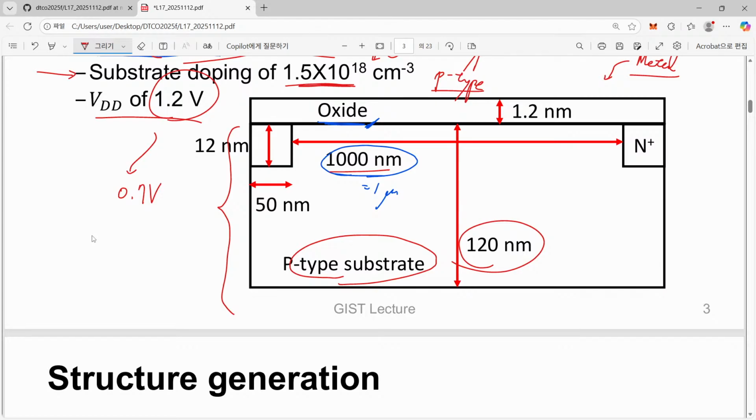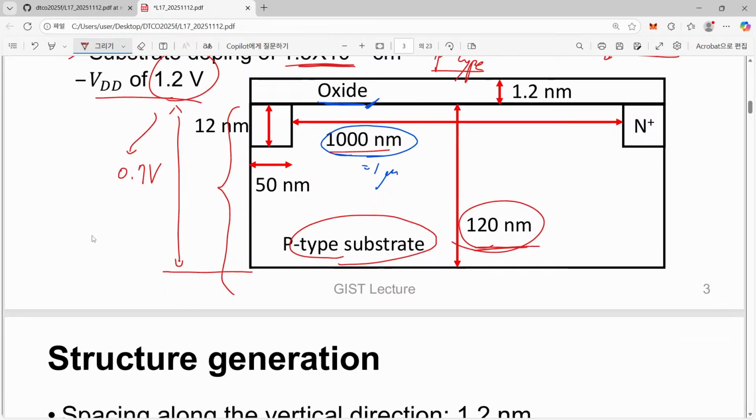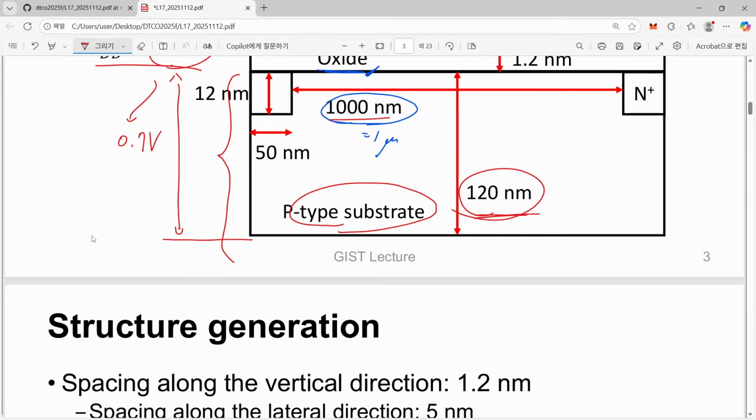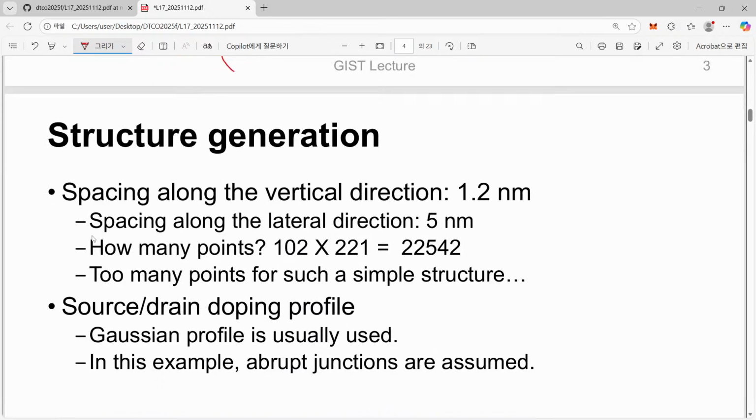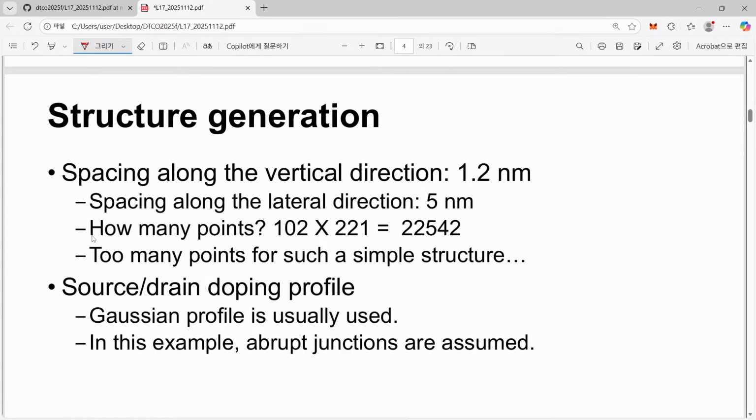However, we can safely consider just the top few nanometers or few hundred nanometers to consider the electrical property of this system. Okay, so now let me show you how I did structure generation.